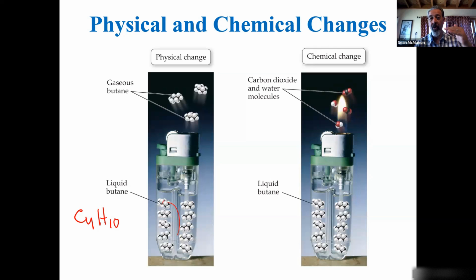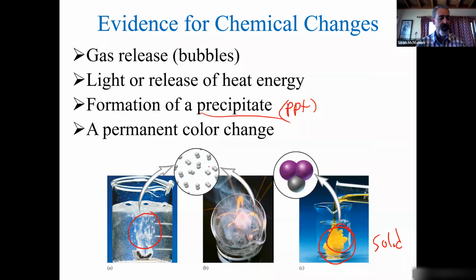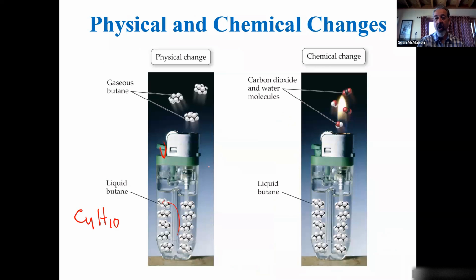That means it has a low boiling point. So if I push down on this little lever, that releases an opening in this lighter, and then the butane can escape and vaporize really easily. But it's still butane. That's only a physical change. I'm going from a liquid state to a gas state.